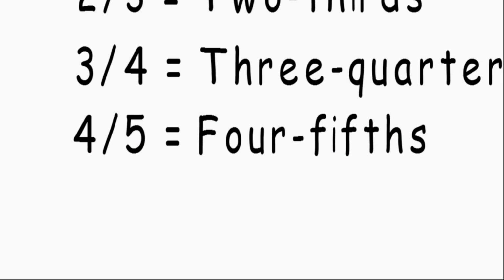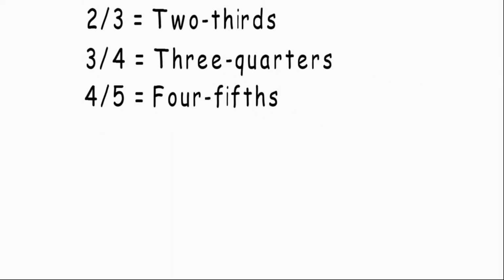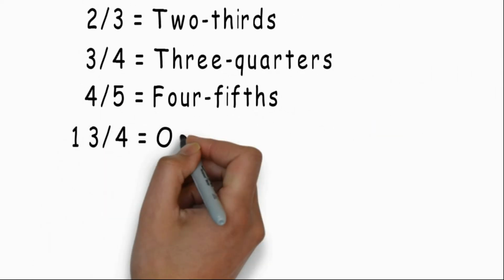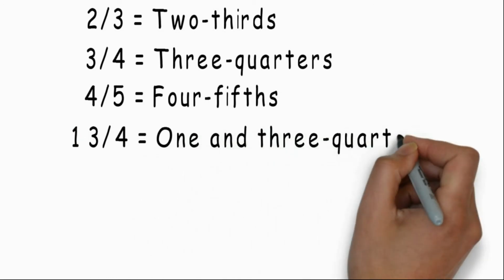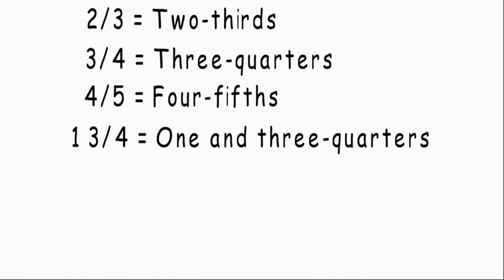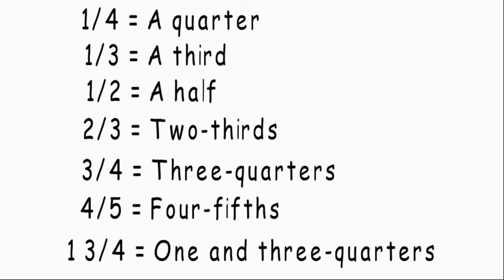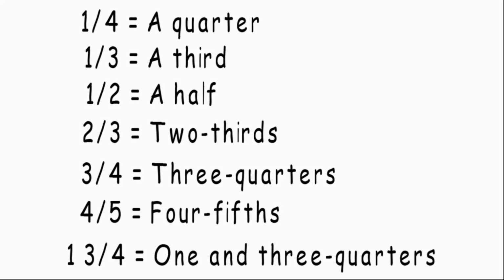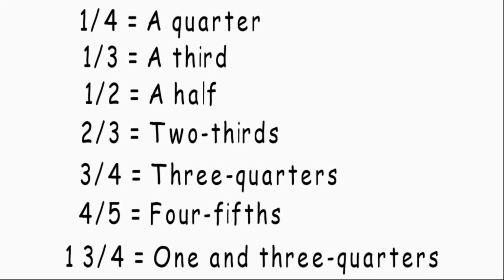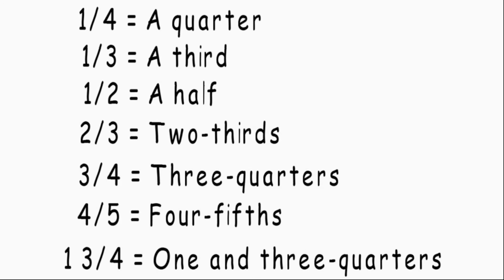What happened to the mixed fraction? For example, 1 and 3/4. We should read it as 1 and 3/4. Now, hopefully, you can actually read any type of fraction from now on.